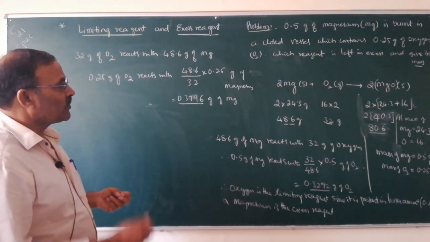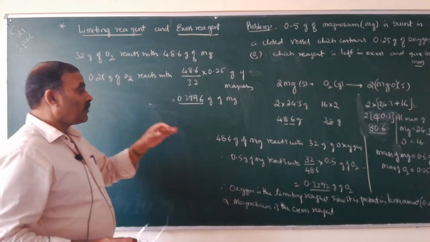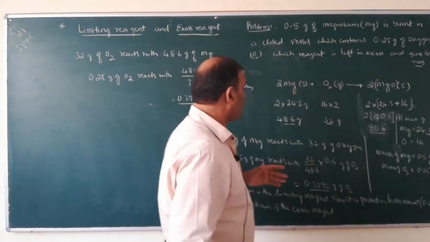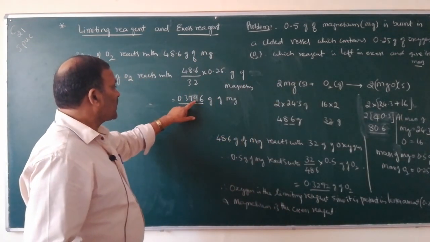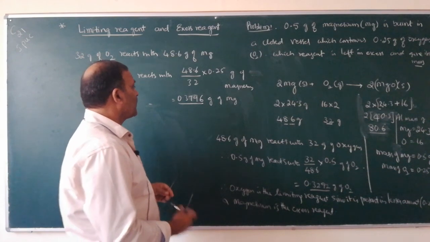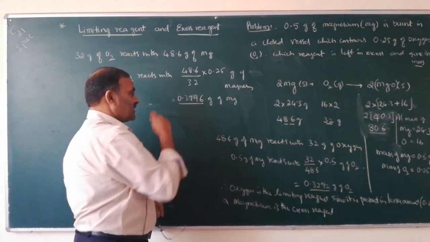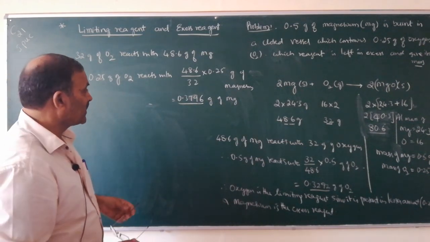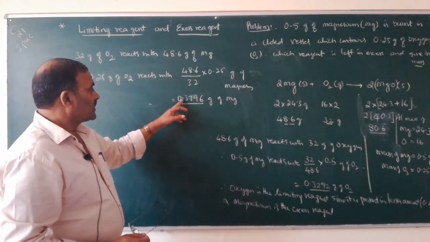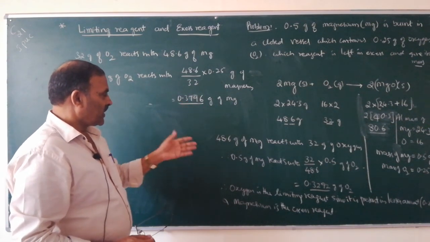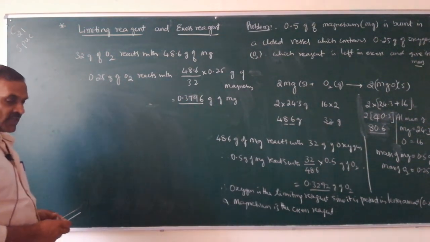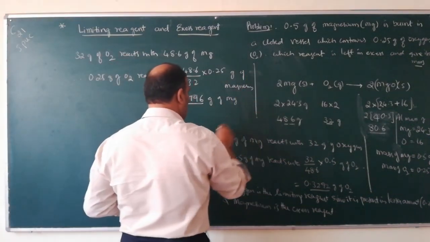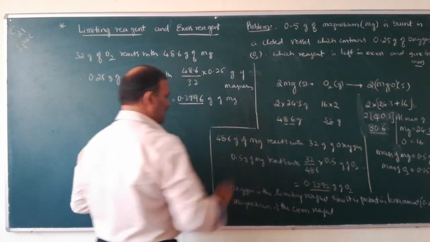How much magnesium have we taken? We have taken 0.5 gram of magnesium. Out of 0.5 gram, 0.3796 gram of magnesium has been reacted. Therefore, how much remained? 0.5 minus 0.3796 gram of magnesium is the amount which remained unreacted.